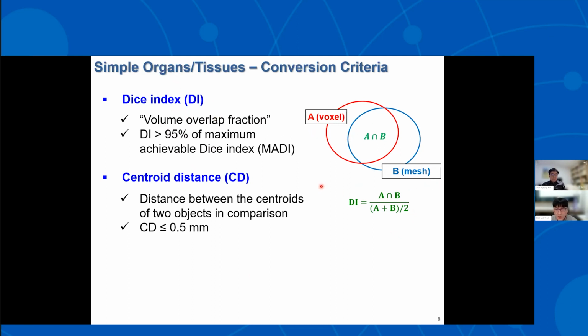And we attempted to keep the Dice index above 95% during the conversion. And at the same time, the second parameter we monitored is the centroid distance between the voxel and mesh model. So we attempted to keep the centroid distance below 0.5 millimeter during the conversion.